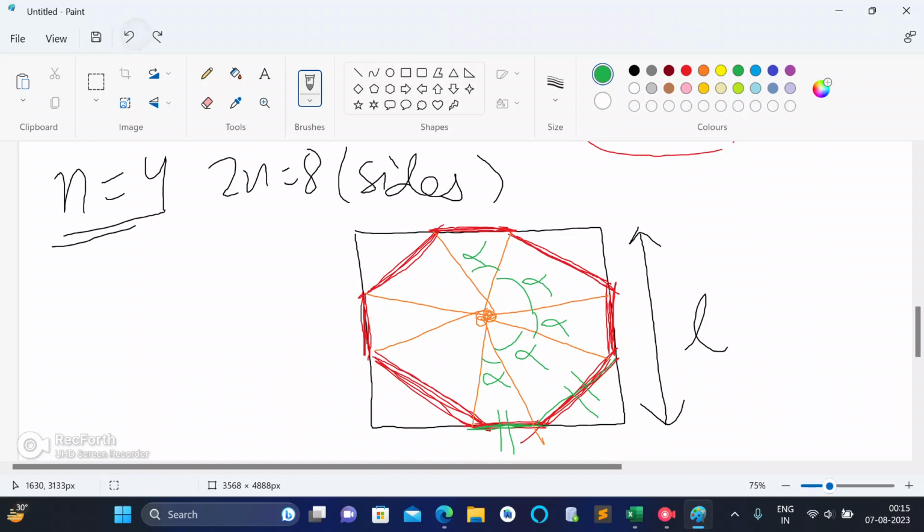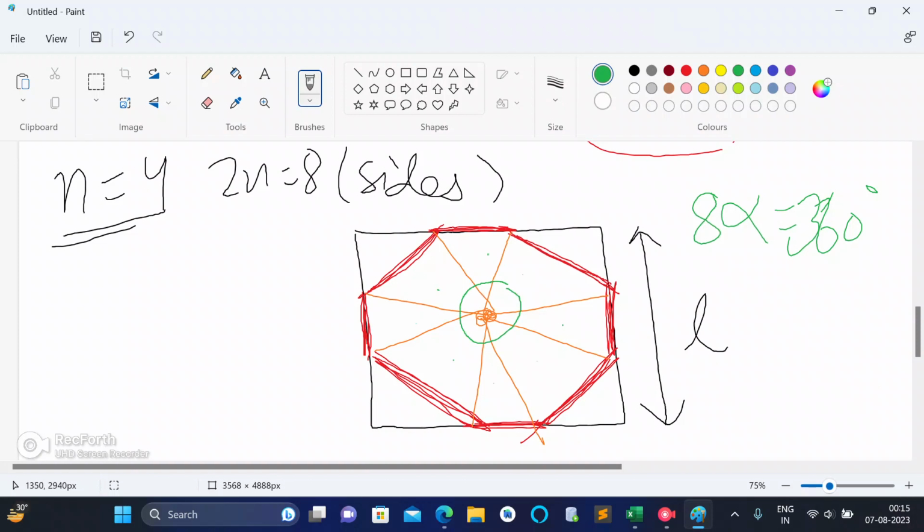I am now removing all the alphas so that the picture will become clear again. So how many alphas would be there? 1, 2, 3, 4, 5, 6, 7, 8, 8 alphas. The sum of all the alphas will be equal to 360 degree. Why?